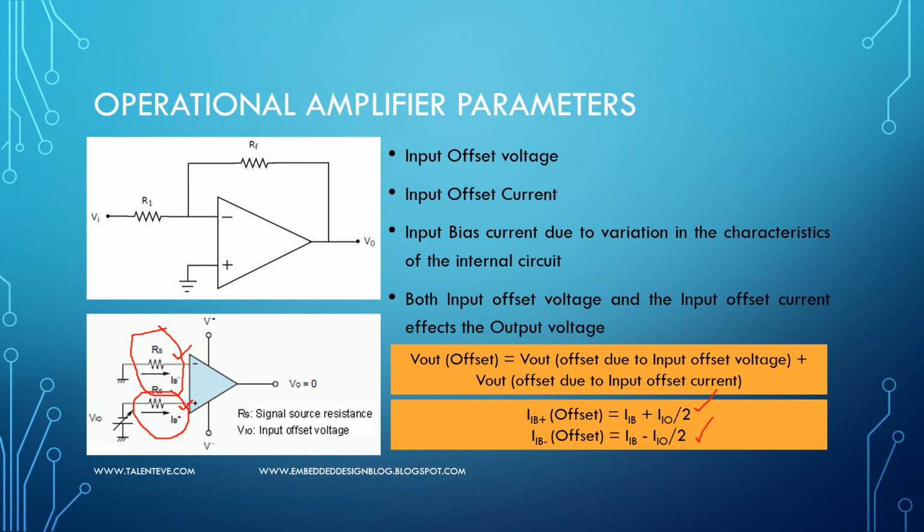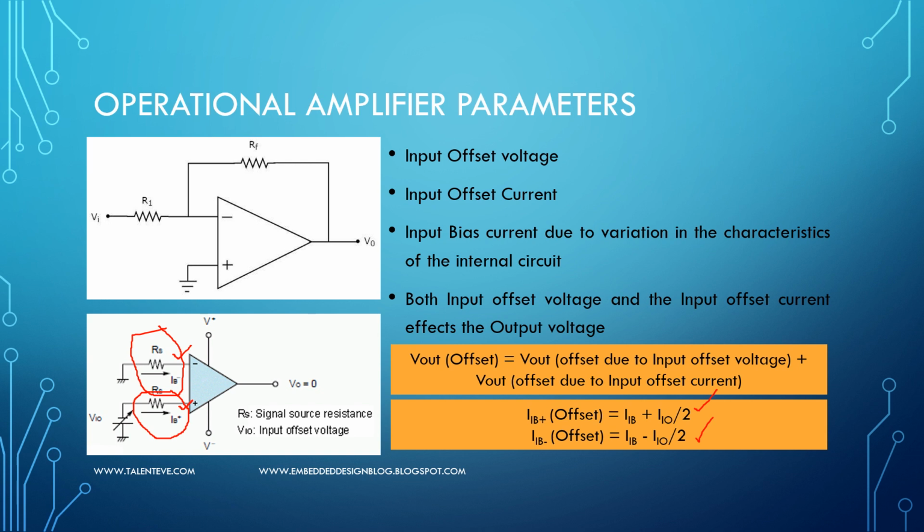So these are some of the parameters. If you take an ideal operational amplifier, all these would be zero. But in practice, there will be some millivolts in some operational amplifiers, microvolts in some operational amplifiers. The offset current would be in nanoamps.